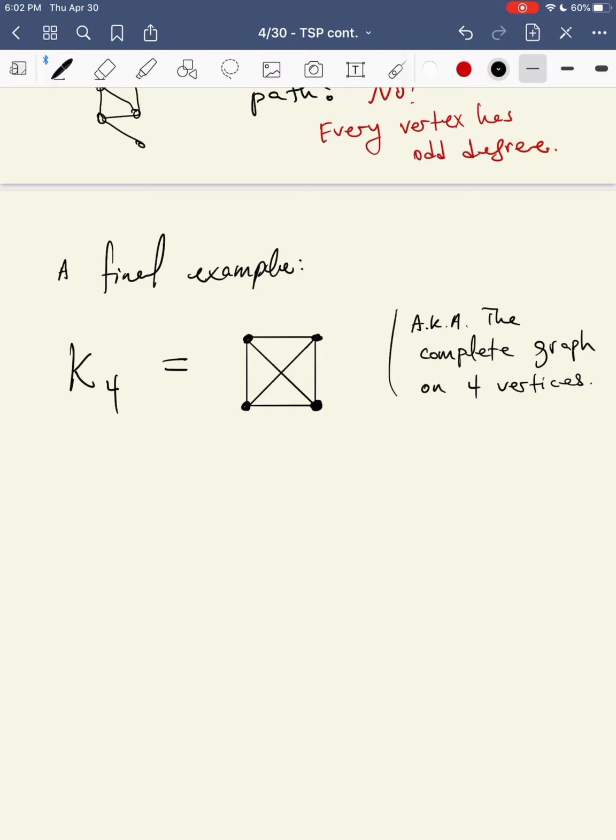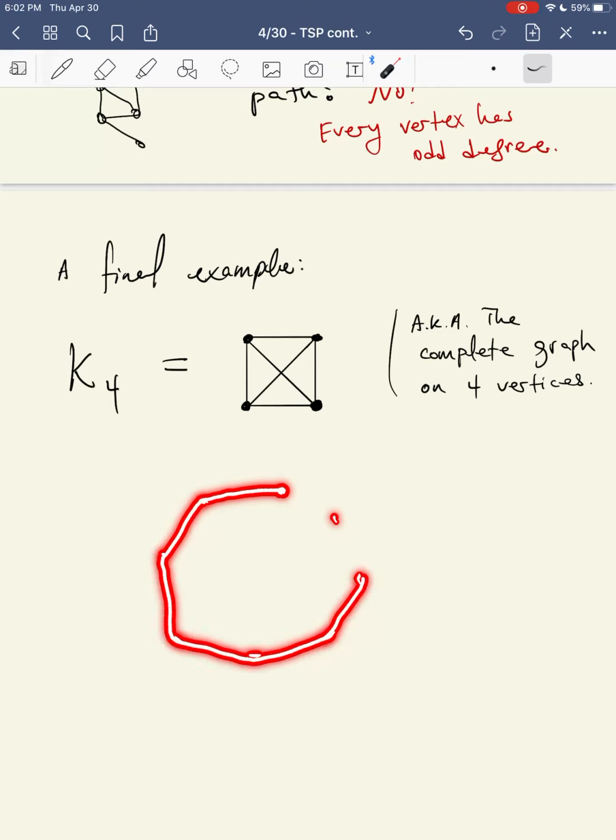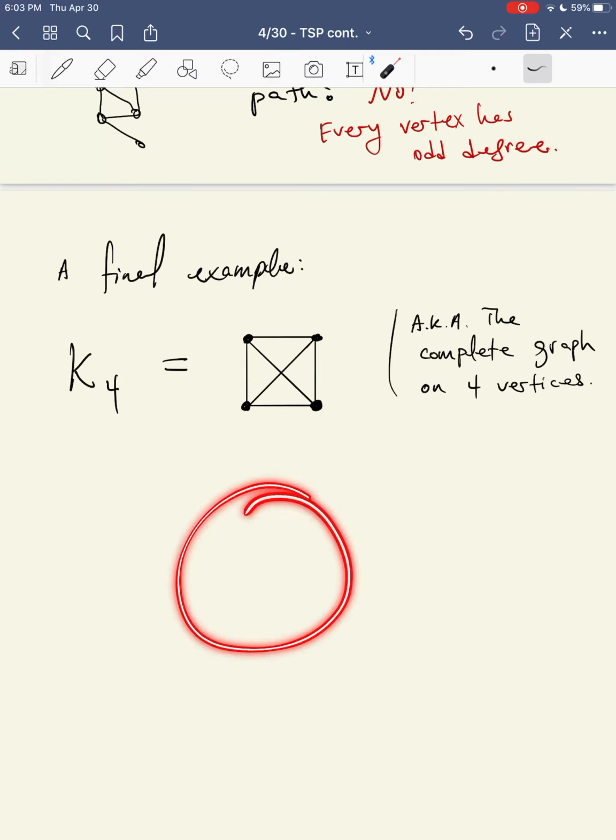The answer is that for every complete graph, you can draw the vertices around in a circle. And since every vertex has to be connected, you know that all of these edges have to be part of your graph. And so that means that we can always find a cycle like that.